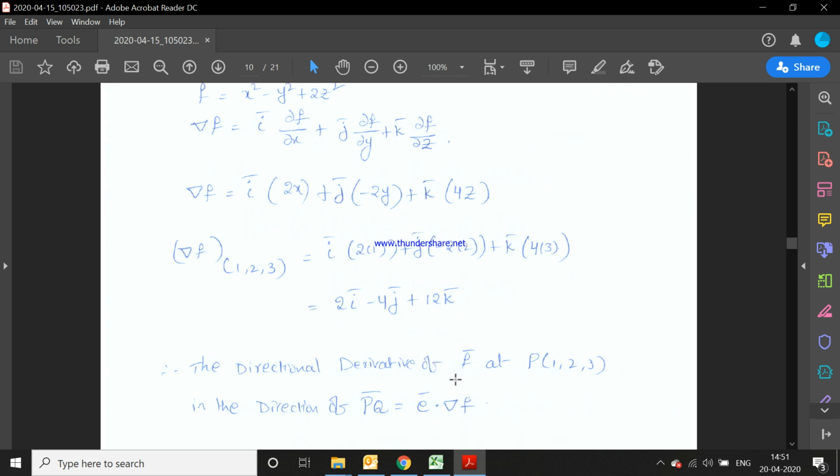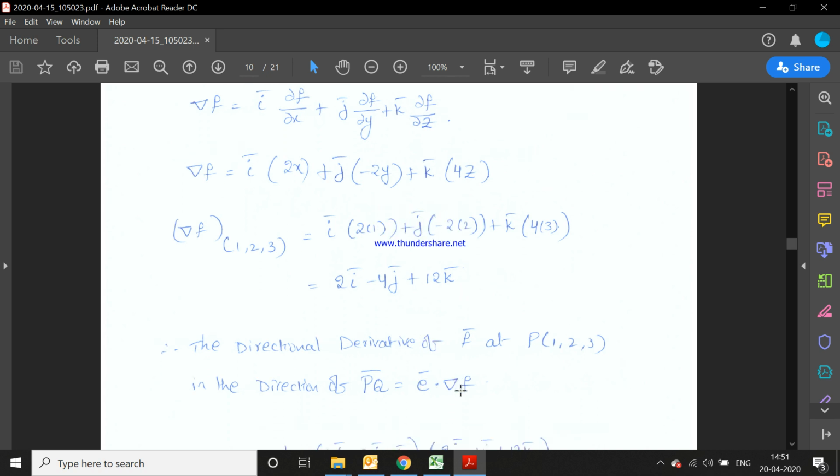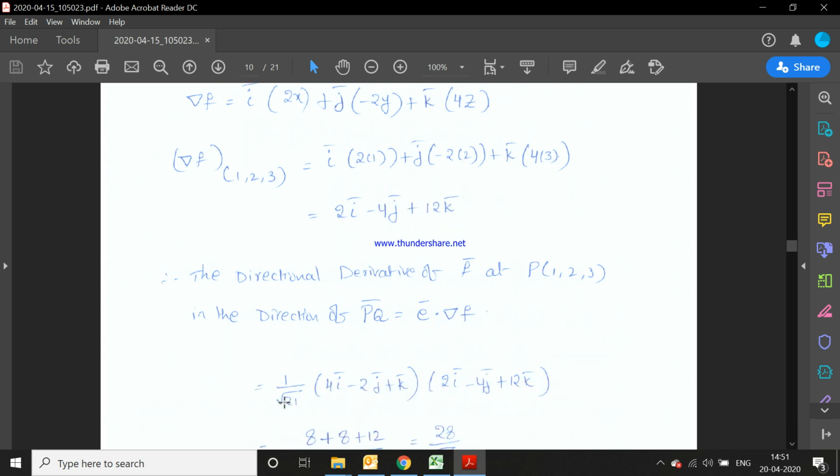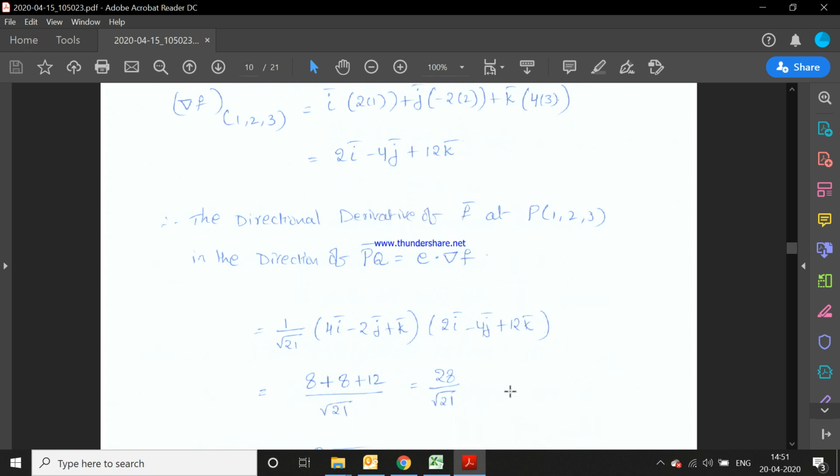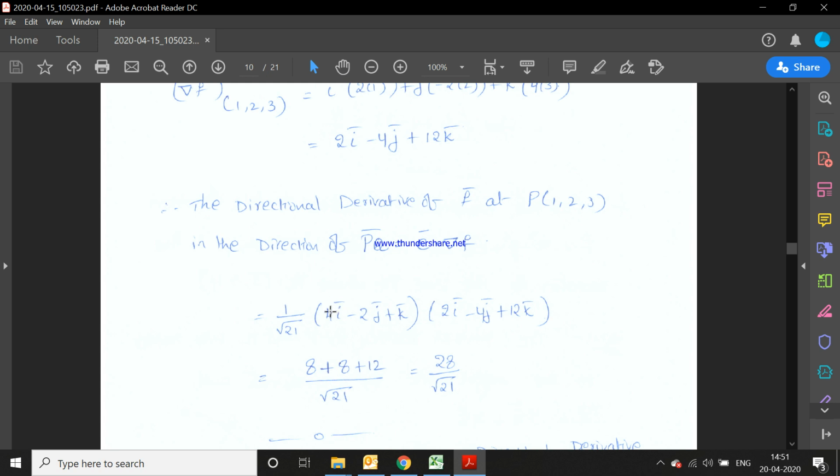Now we find the directional derivative using the formula E bar dot del F. The directional derivative of F at P in the direction of PQ bar is E bar dot del F, that is 1 by root 21 into 4I bar minus 2J bar plus K bar dotted with del F, which is 2I bar minus 4J bar plus 12K bar. So 1 by root 21 into 4 into 2, 8, minus 2 into minus 4 plus 8, next 1 into 12 plus 12, we get 28 by root 21.